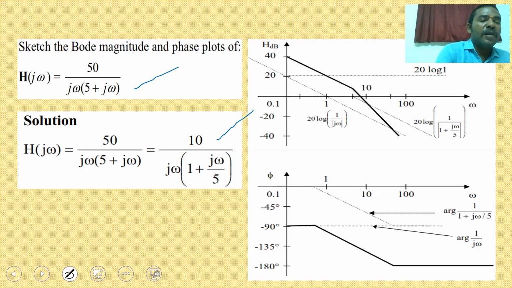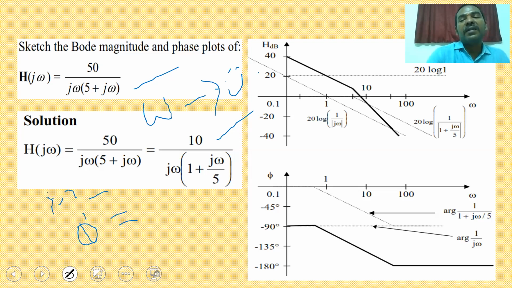So here the magnitude you have to write in terms of decibels, and the phase angle you have to write in terms of tan inverse, and substitute omega varying from 0 to infinity. Then this is your magnitude plot, and this is your phase plot.